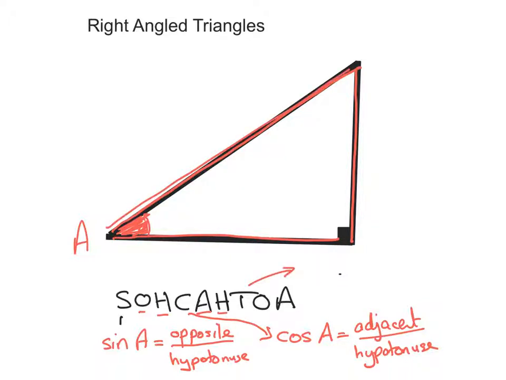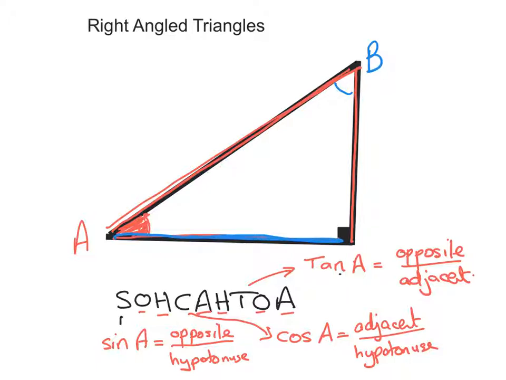And the last one, the T, stands for tan of angle A. That will equal the opposite over the adjacent. And there we have three ratios for angle A. And of course, if we were to go to angle B, up there, then we'd have the same thing, except the opposite side would be this one here, the blue one, and the adjacent would be this one here.